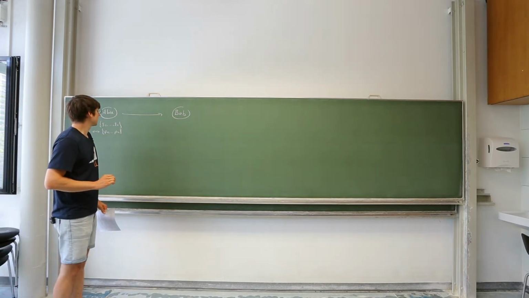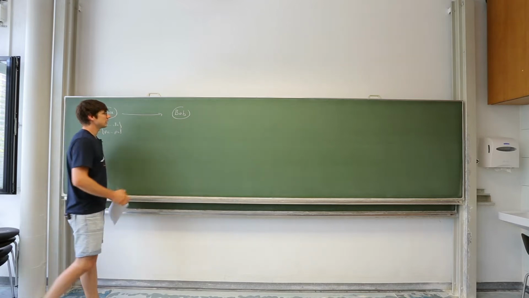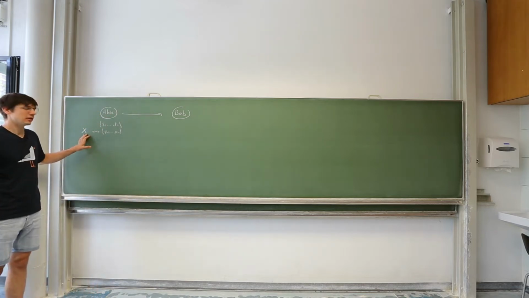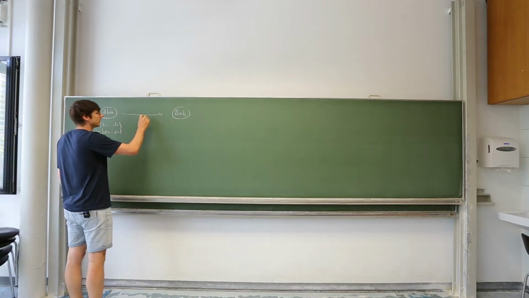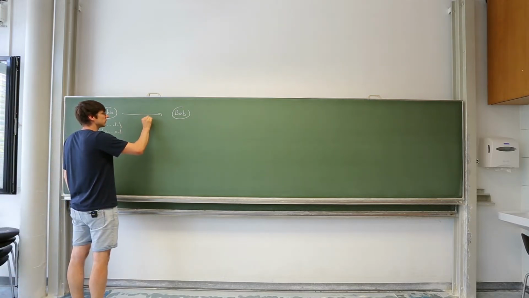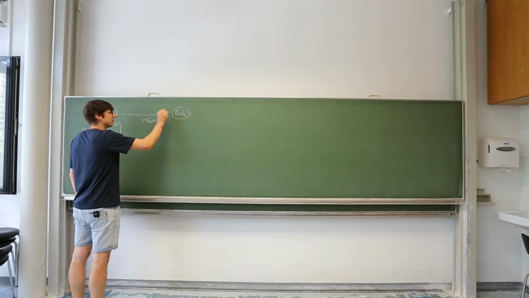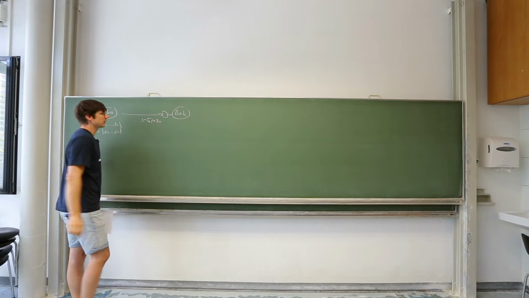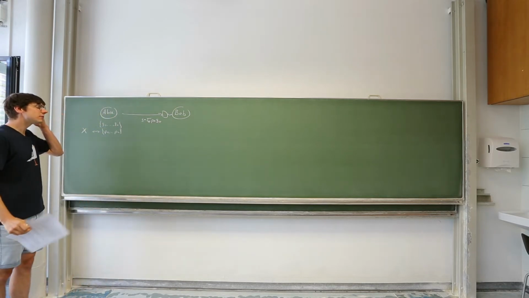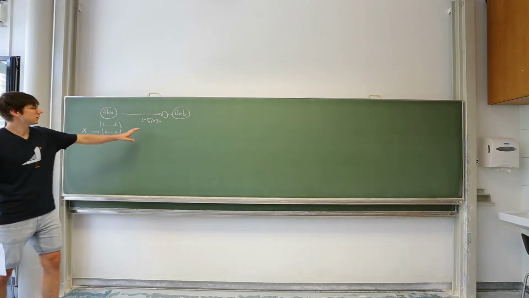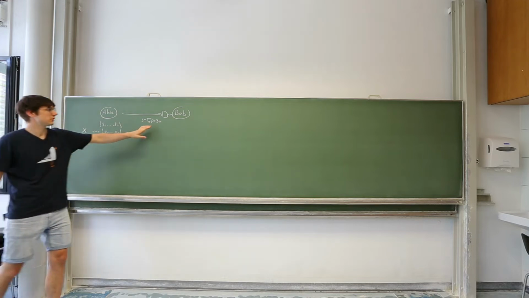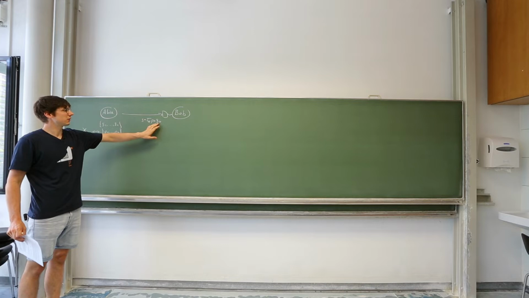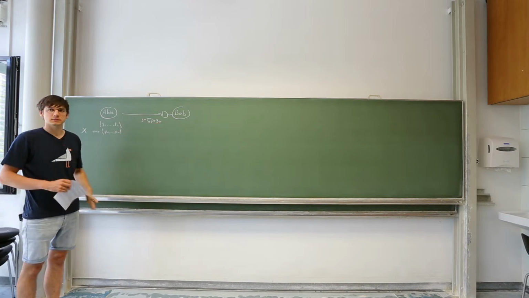And Bob wants to know the outcome of this random variable, right? So the state that he receives is rho equals the sum over x of p_x rho_x, and he performs a measurement. What he wants to do is find out the value of x, right? So he wants to find out which rho_x he got.